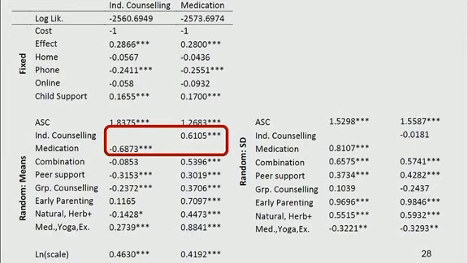Those are the standard deviations. An even bigger effect pops up here. When we use individual counselling as the baseline, then medication relative to individual counselling looks like there's a significant standard deviation. Apparently there's lots of individual heterogeneity in this population, as in some people have different values for medication relative to individual counselling compared to other people in the sample.